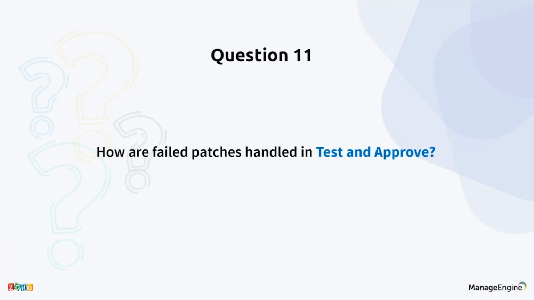How are failed patches handled in test and approve? The main reason why we are testing the patches is to see if it is causing any issue or failures in our test machine. So, if you have selected automatic approval of patches after testing, remember the patches that are successfully installed in at least one of the machines and have not failed in any of the test machines will only be approved.